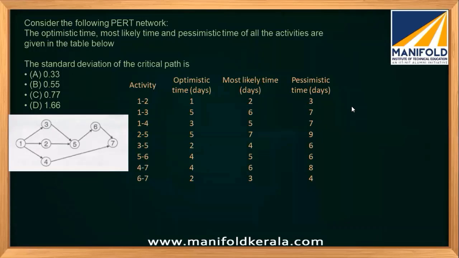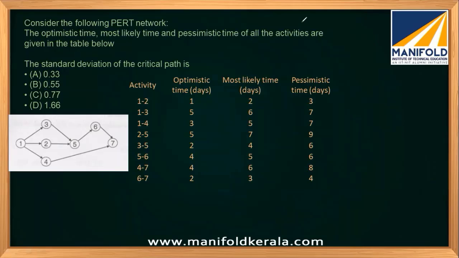For this question, the network is given, and all the optimistic, most likely, and pessimistic times are also given. What is asked is the standard deviation of the critical path. For that, we need to find the critical path first, and for that we have to find the TE, the expected time. So let's start.